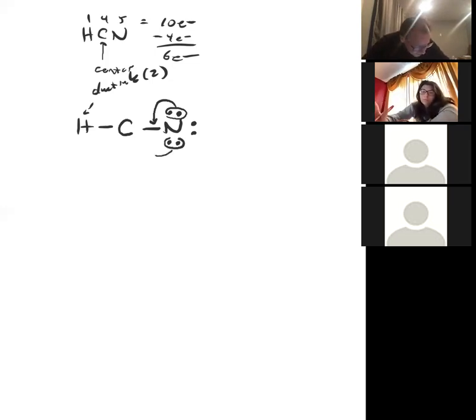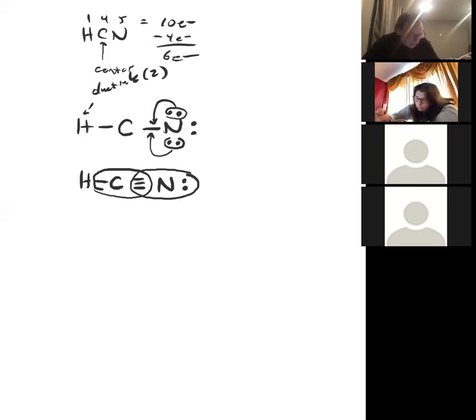So push another pair. So now if you push 2 pairs, what do we have? It's just like N2. We have a triple bond. So now the carbon has 8 and the nitrogen has 8, and this is a triple bond.